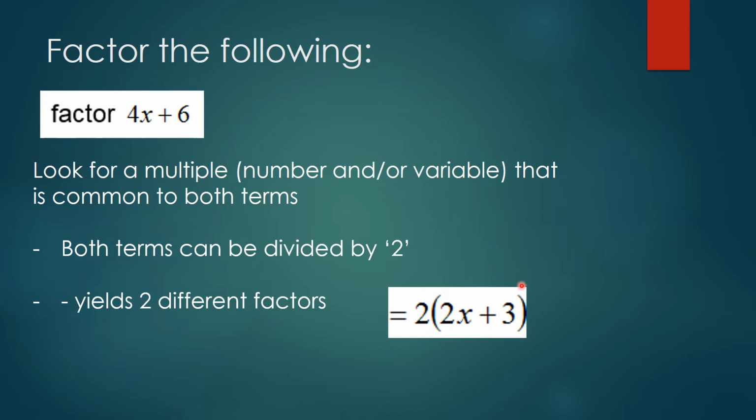You put those two terms in brackets, that binomial in brackets, and you put the 2 in the front to represent the 2 that you factored out. So double check again. 2 times 2x gives you 4x, and 2 times 3 gives you 6.